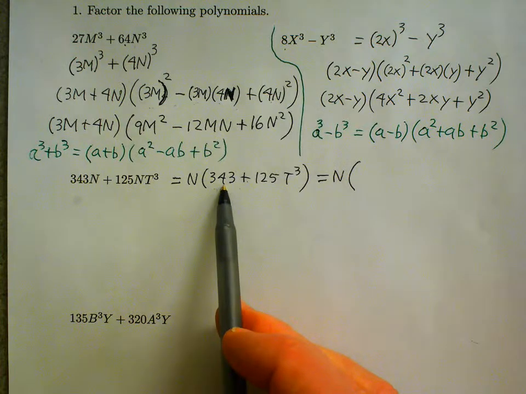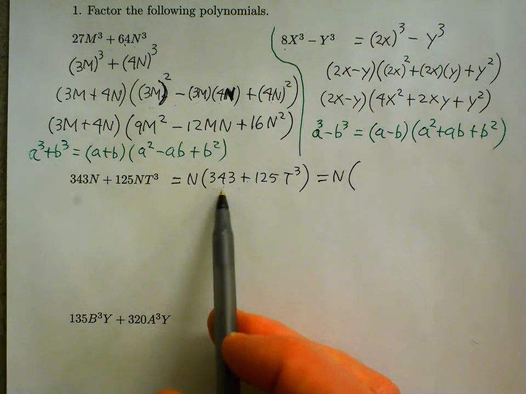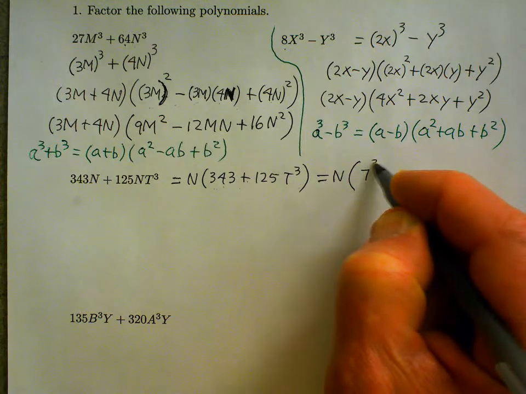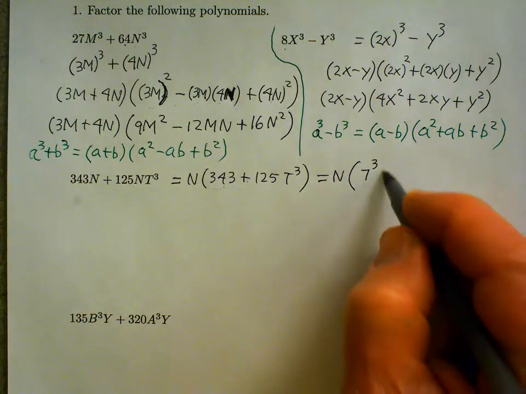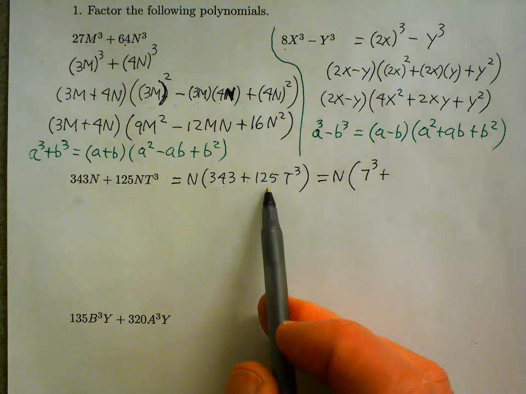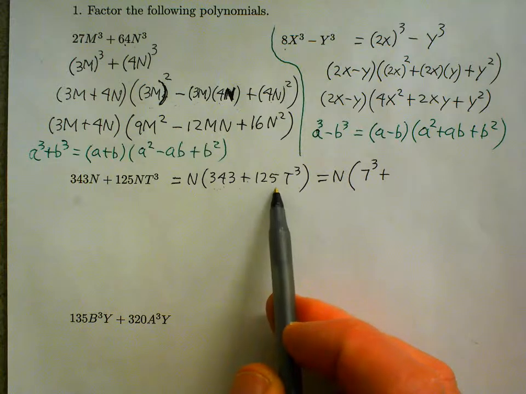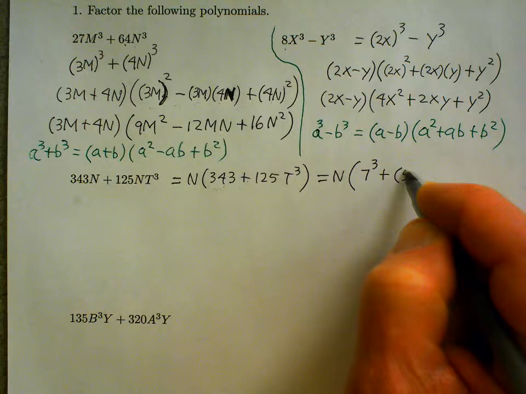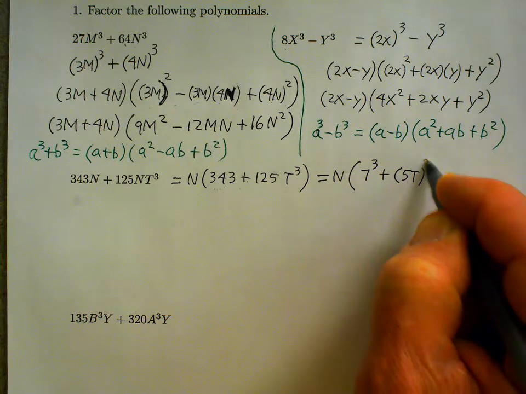You can think of 343 as 7 to the third, and then 125t to the third. That's the term 5t to the third.